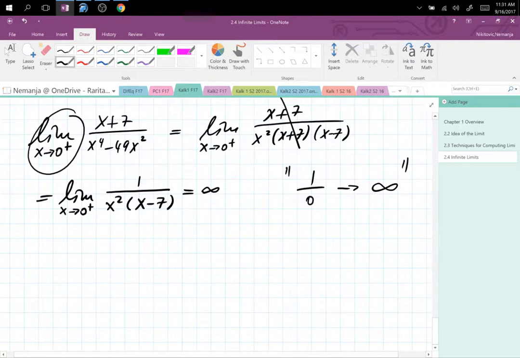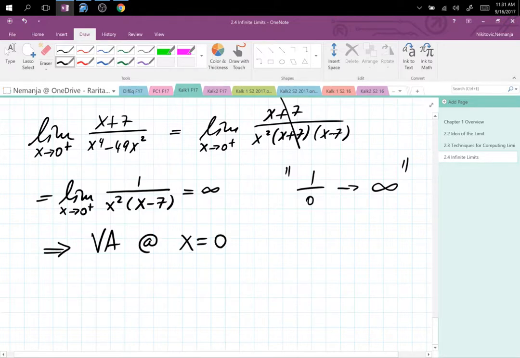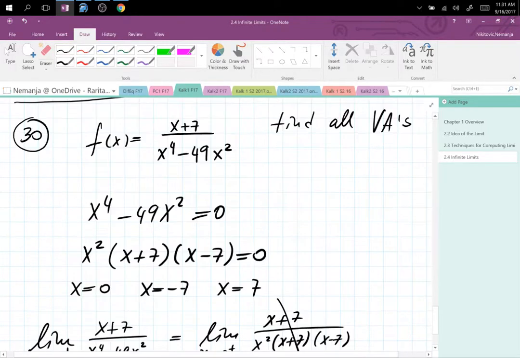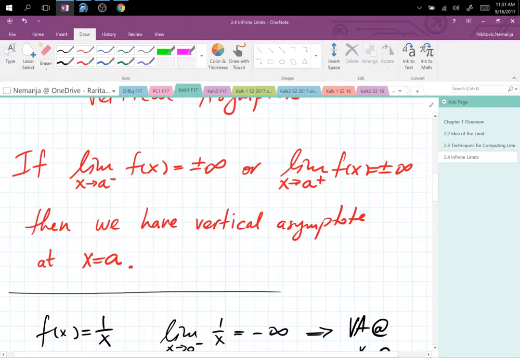We were looking at the one-sided limit. We got the infinity, so by the theorem we had, there is a vertical asymptote at x equals 0. The next, yes? To be honest with you, it's irrelevant because of the definition.